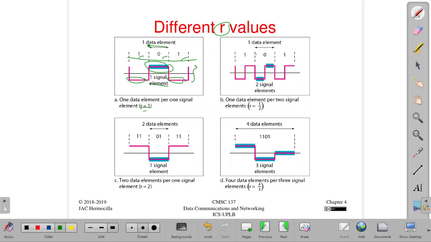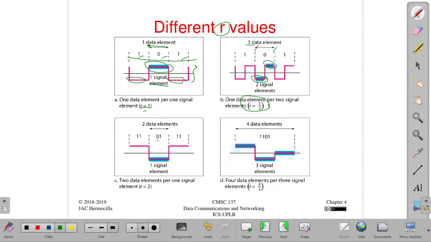Here we have one data element, 0, represented by these two signal elements from negative to positive. So we have 1 over 2, so we have r equals 1/2.